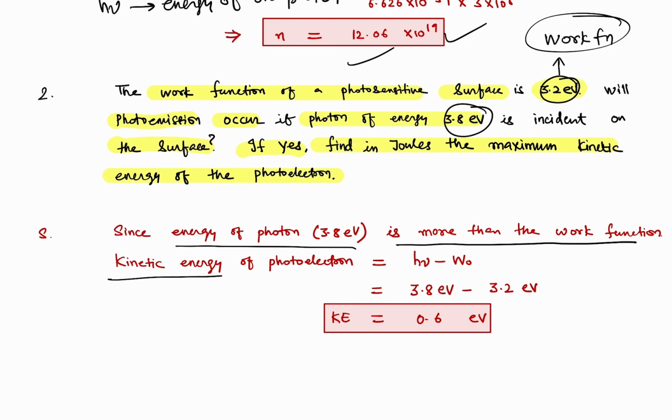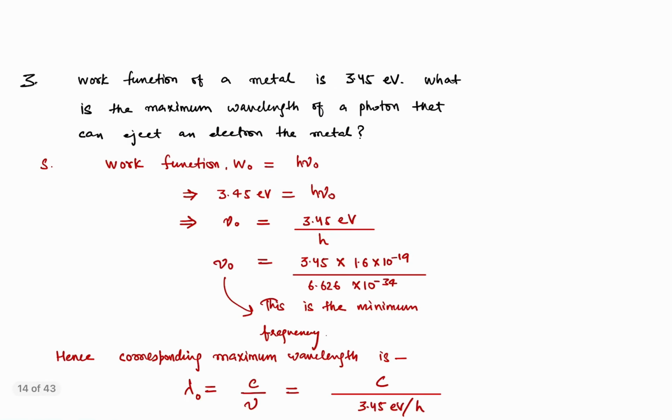Now for kinetic energy, what you need to do is find the usable amount of energy. So the usable amount of energy is this much subtracted: you must take out the work function, the minimum requirement, first, and then you get 0.6 electron volt. That is the kinetic energy. This much energy will be gained by the electron. Done and dusted. Now let us move to the third question: the work function of a metal is 3.45 electron volt.